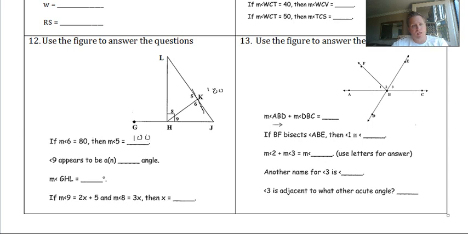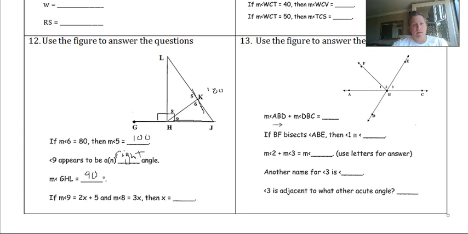Okay, angle 9 appears to be a right angle. Angle GHL, so if this is a right angle, remember GHJ makes a straight line. Well, a straight line is 180 degrees, so if that is a right angle, then GHL also has to be a right angle.